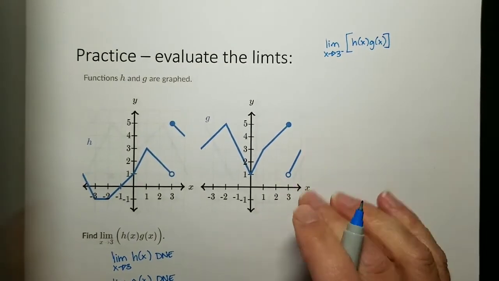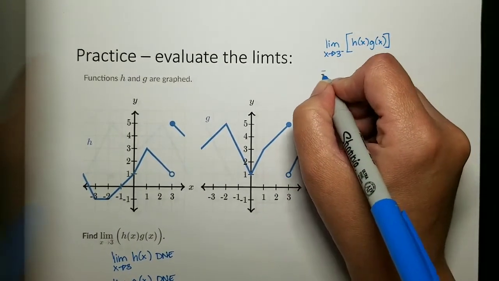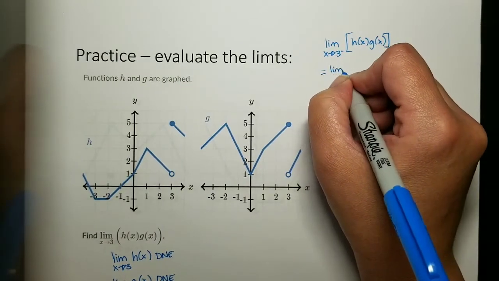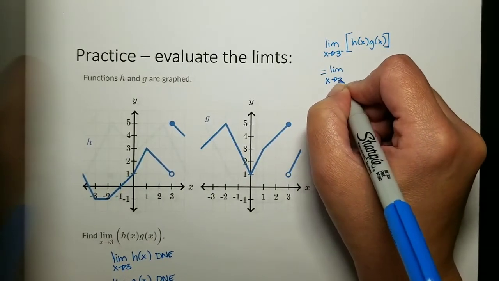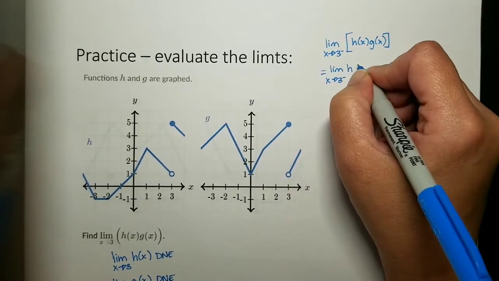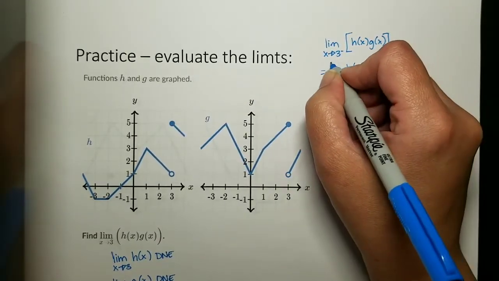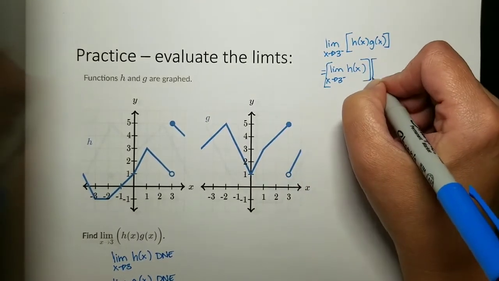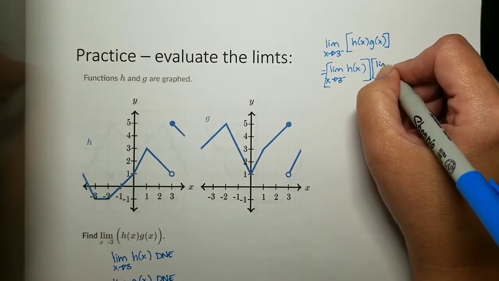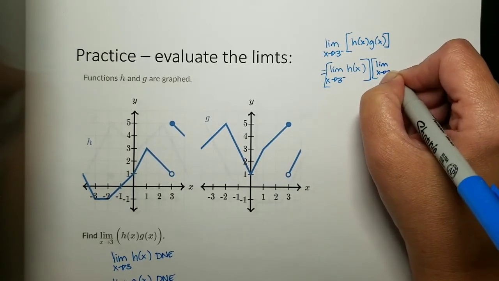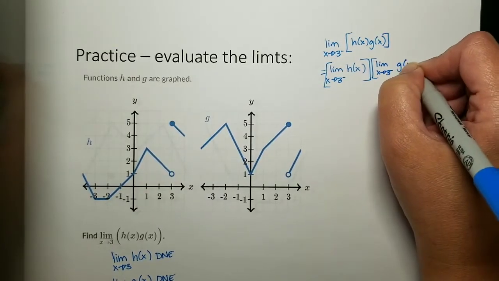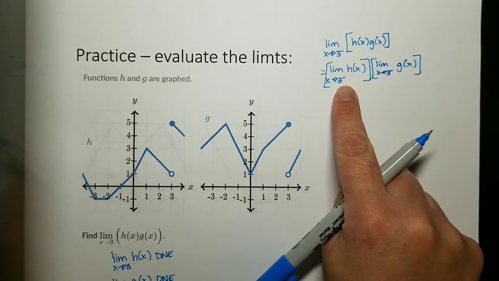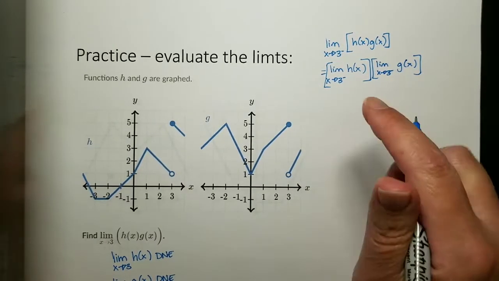Okay, so here we could say that that's the limit as x approaches 3 from the left. Remember, these are my limit laws, the rules that we can use to evaluate limits, so I can break these up and evaluate the limit of h at x as x approaches 3 from the left and the limit of g at x.